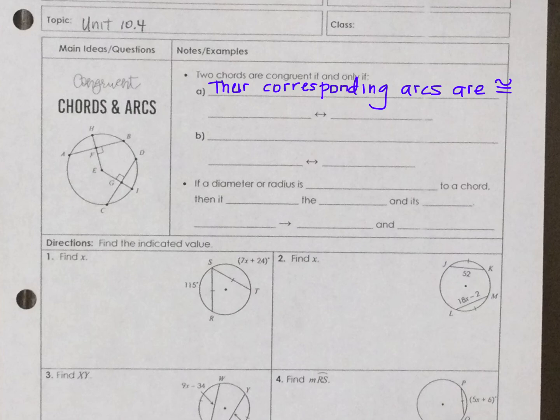So we're going to talk about chords. If two chords are congruent... a chord is just a section that touches both sides of a circle. So if AB is congruent to CD, then I know that arc AB is going to be congruent to arc CD.